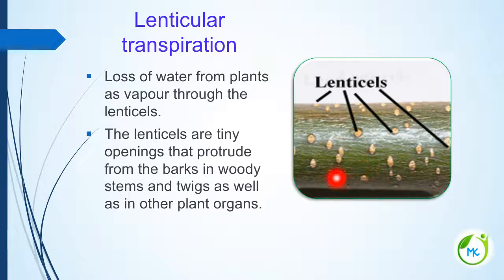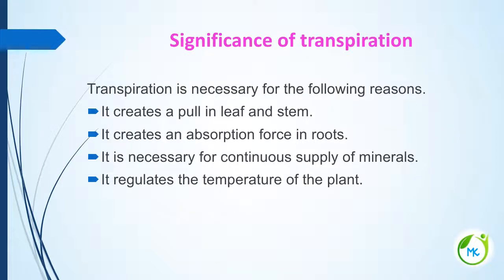Here you can see in this picture, they are the tiny openings found in the bark of the plants that have woody stems and also twigs, as well as in other plant organs. When the water is lost through the lenticels, that type of transpiration is called lenticular transpiration. So now we have seen what is transpiration and what are the three different kinds of transpiration.